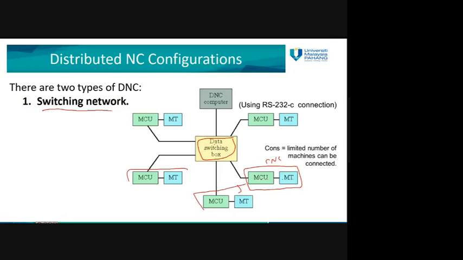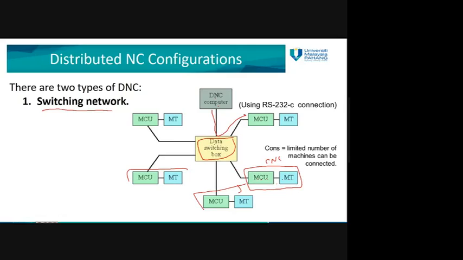This data switch will organize how the data goes up to the DNC computer or down from the DNC computer to the different CNC machines. For example, this computer will send a command to this machine. This switch will route the data coming from this computer directly to this machine.